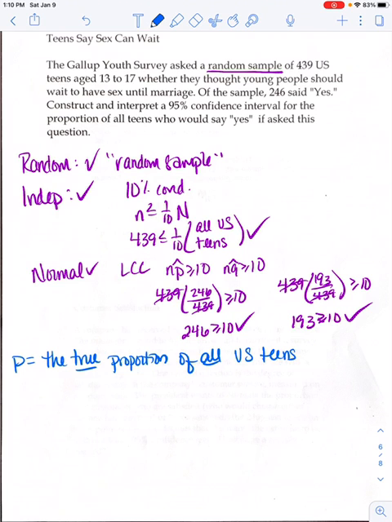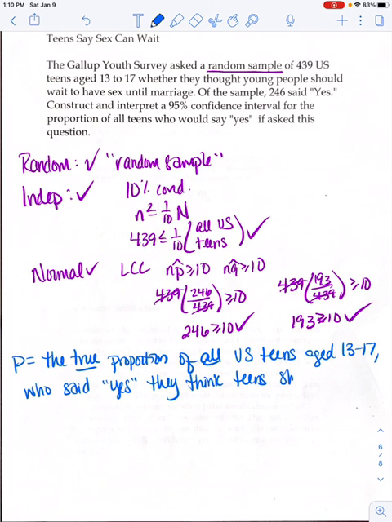Of all U.S. teens aged 13 to 17 who said yes, they think teens should wait until marriage to have sex.